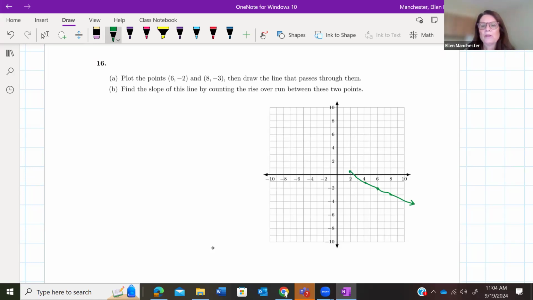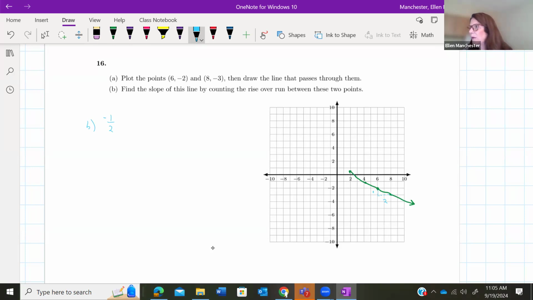To find the slope, all you have to do is create a right triangle. I just do it between the 2 points because I know the points are accurate. I rise 1, I run 2, and is it a positive or negative slope? Negative, it's going downhill. So there's your slope.